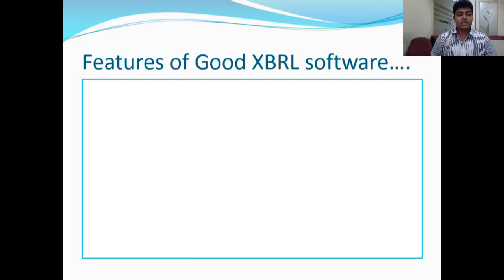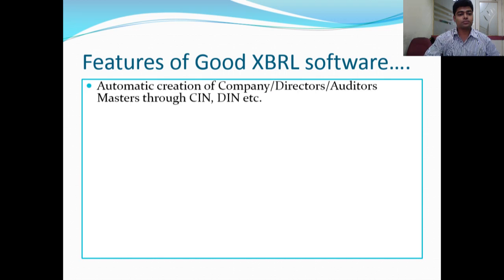Now, see what features you should look for in a good XBRL solution or software. First, it should have automatic creation of company, directors and auditor master through SIN and DIN. Why?